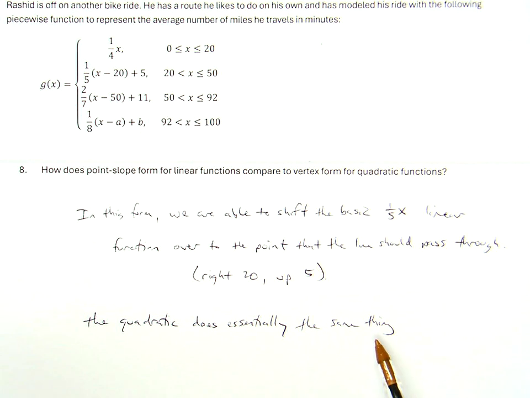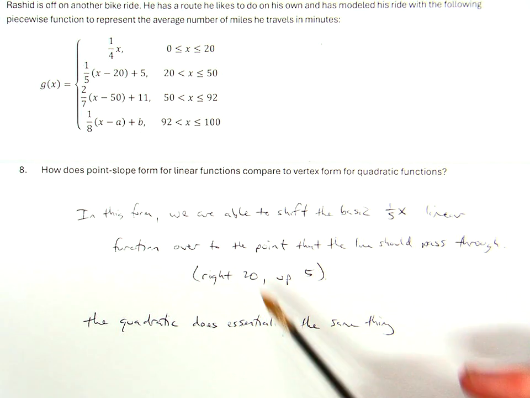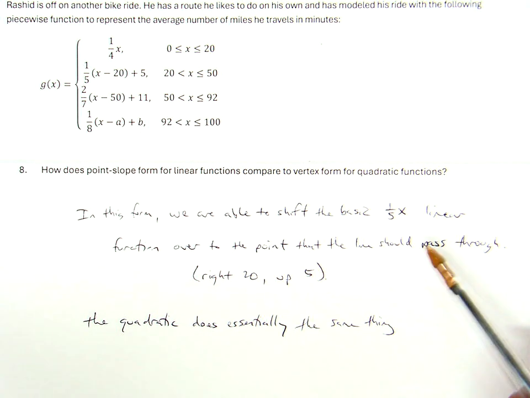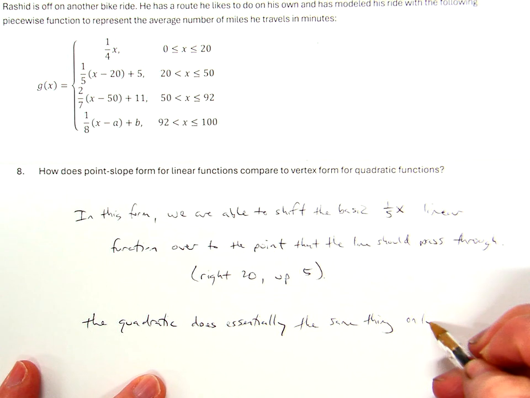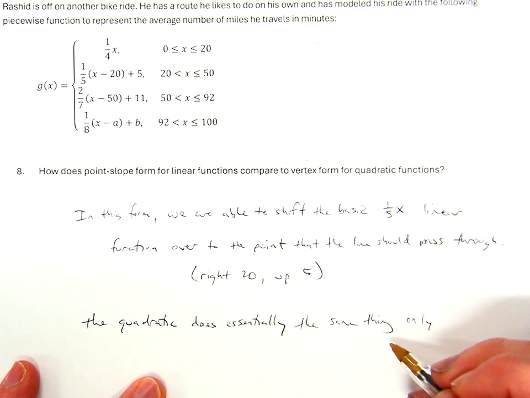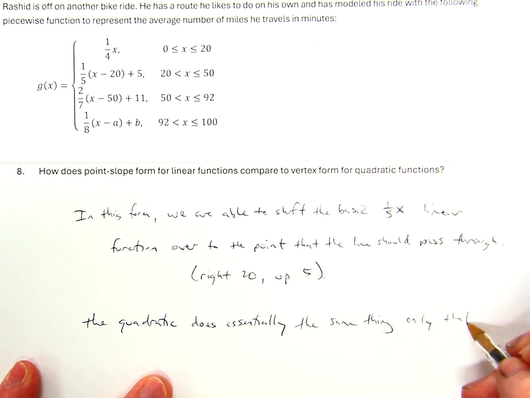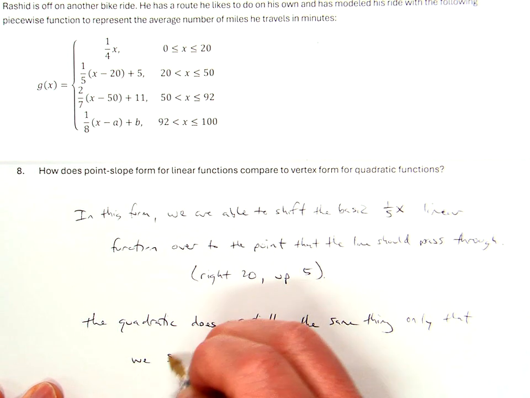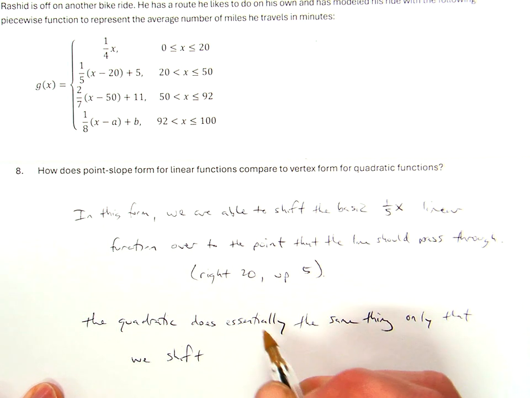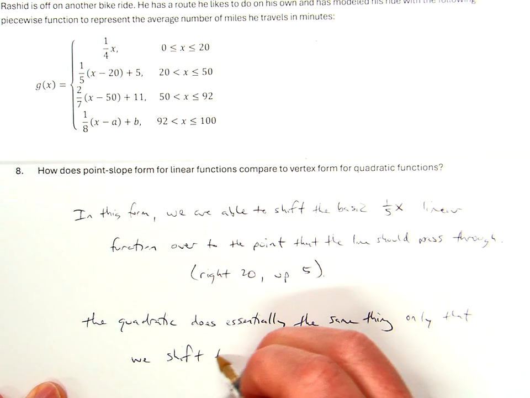But we're not just shifting a point that we want it to go through, because the parabola, being a U, could pass through that point of interest at any certain time. So it does essentially the same thing, only that we shift the vertex.